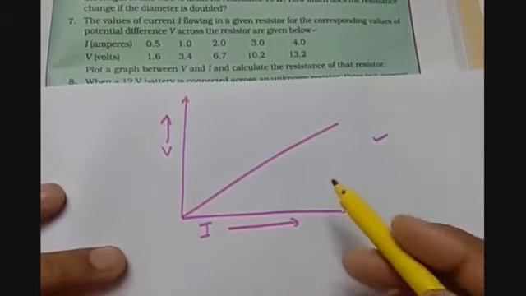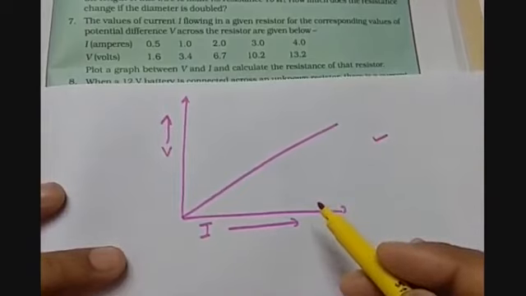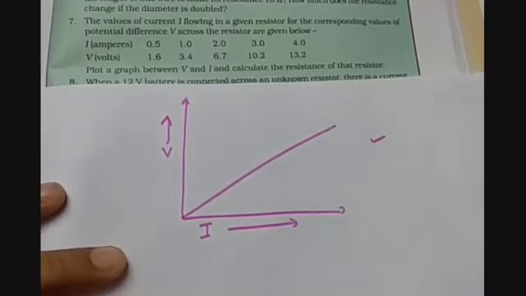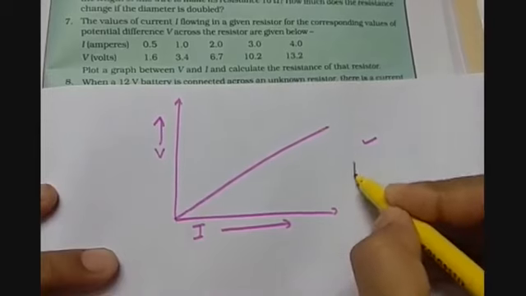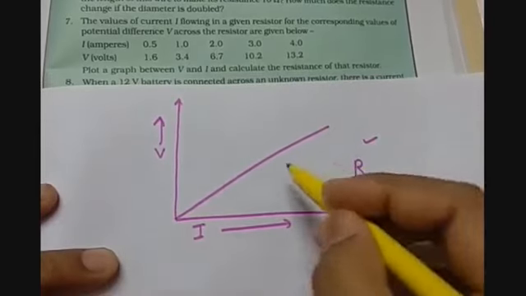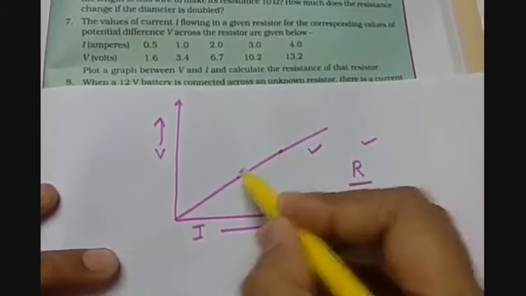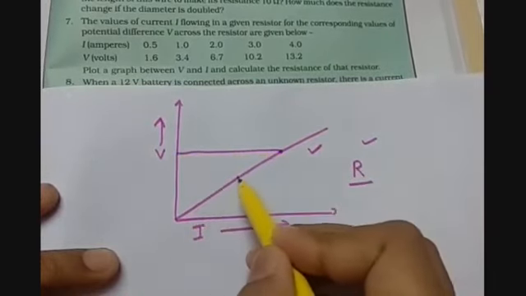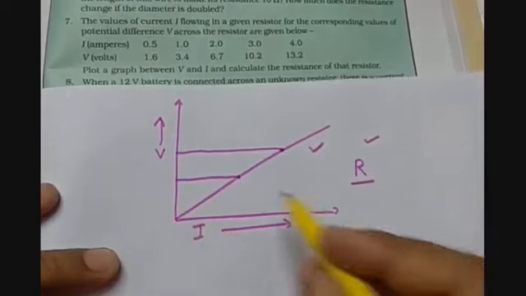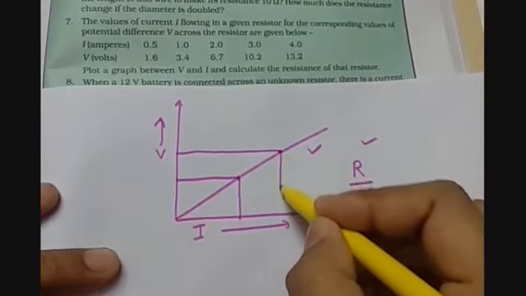then you have to calculate the resistance of the resistor. You can calculate the resistance by finding out the slope of this graph. Choose any 2 points, mark perpendiculars on both the axes x and y.